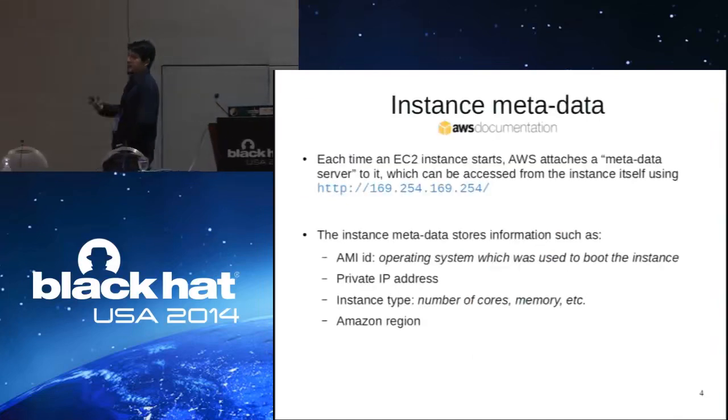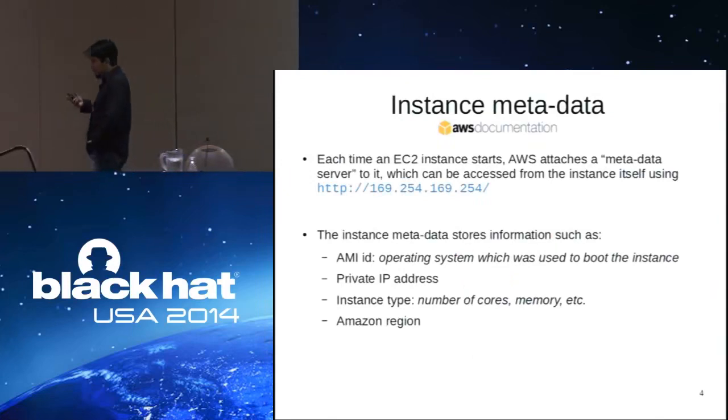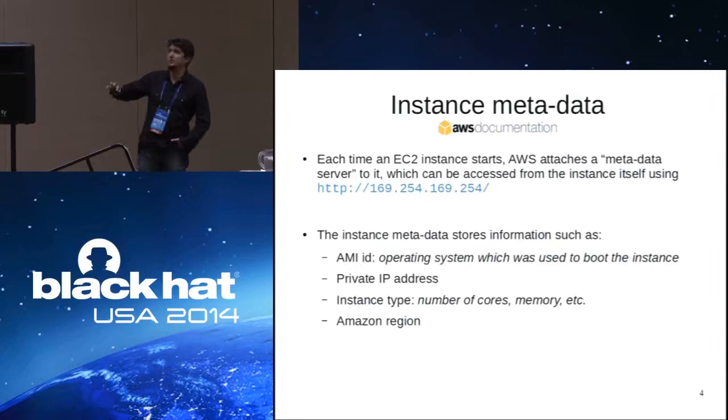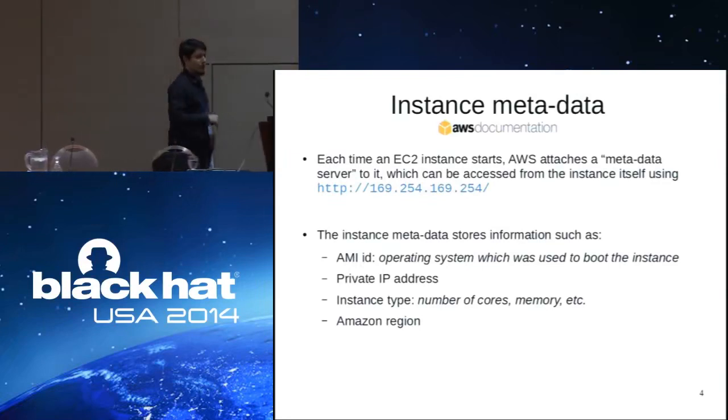And one of the things is the AMI ID. The AMI ID is basically an identifier for that EC2 instance operating system, image, and stuff like that.